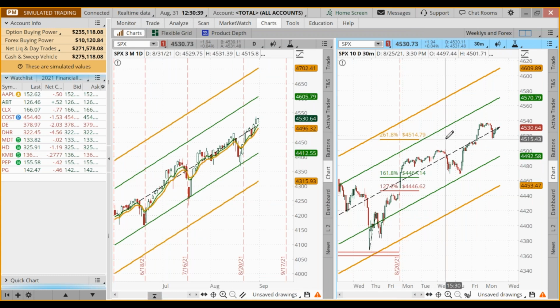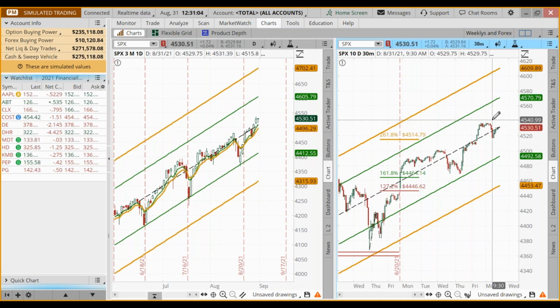Well, it got there. So at this point in time, this could be a little consolidation period. Yeah, indeed. It's running right up the regression line. And this would be another measured move, but I would need to see that measured move before I get back in there on a weekly.